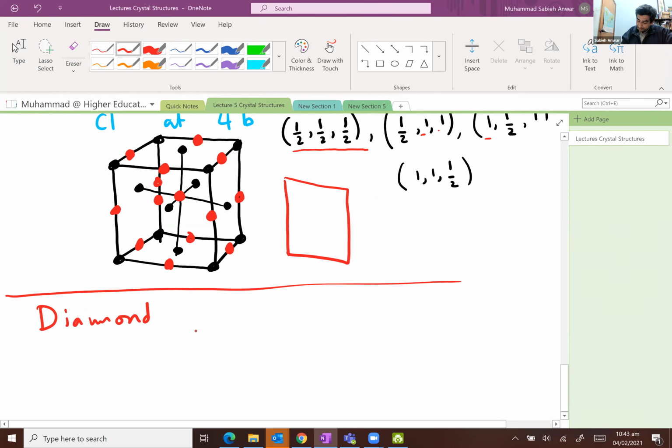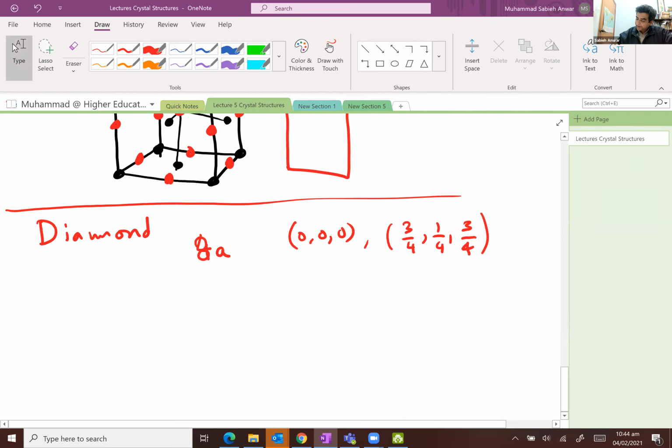So there are carbon atoms at the 8A location, sorry, 8A. And they are at 0, 0, 0 and 3 by 4, 1 by 4, 3 by 4. So whenever we draw fractional coordinates, even though it's not drawn in the space group tables, it's quite conventional to put them in parentheses.